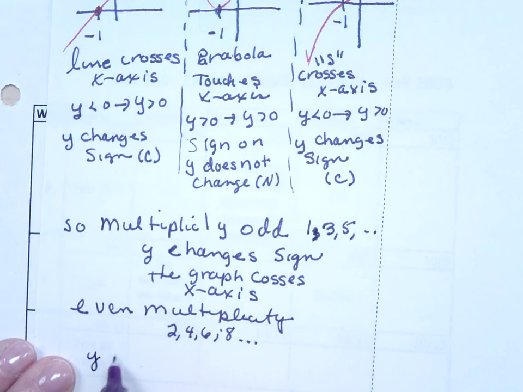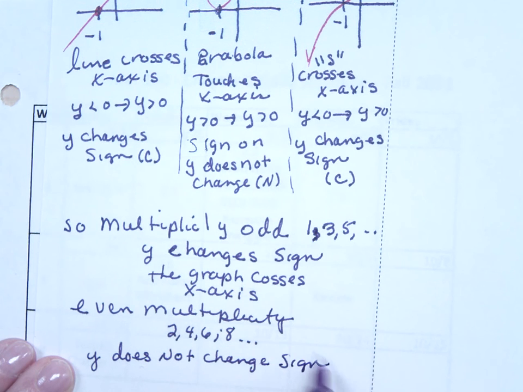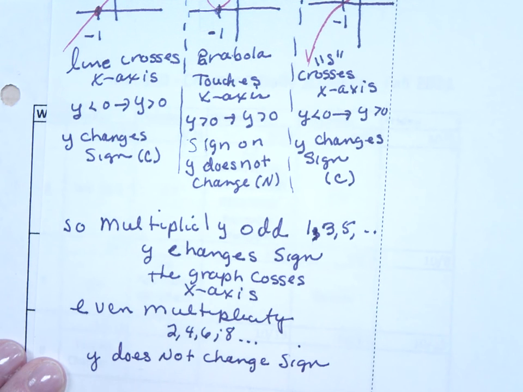Y does not change sign. We're talking about the behavior at the zeros. And see, our life has been all about zeros, right? Take the derivative, set it equal to 0. You're finding the zeros.